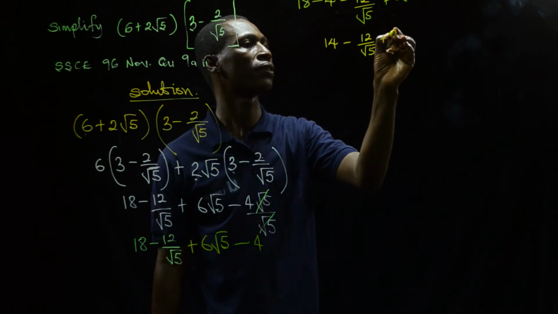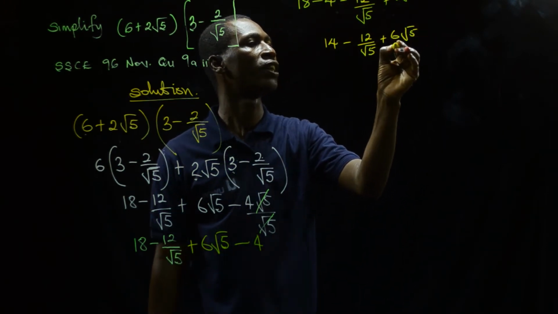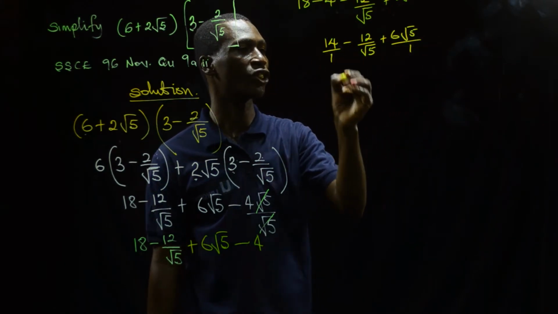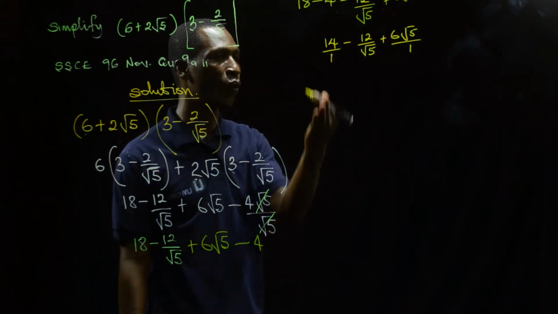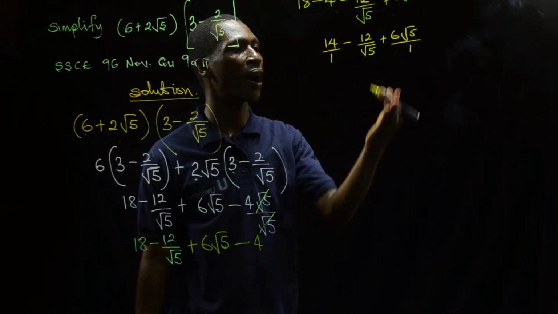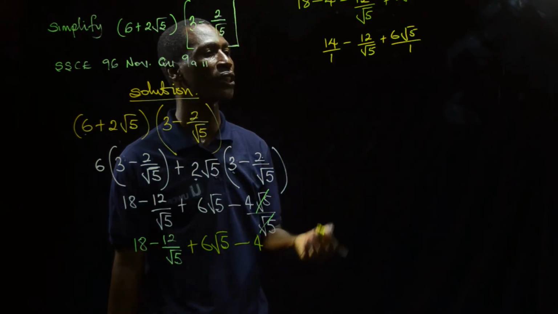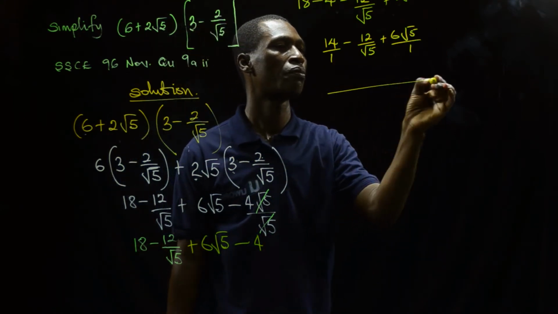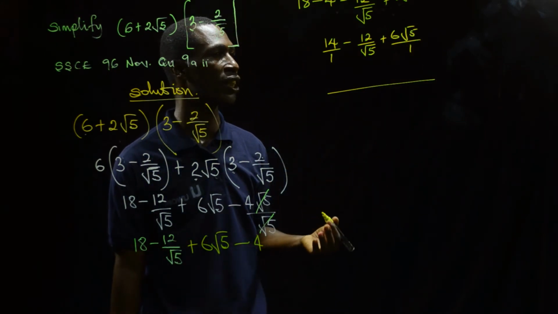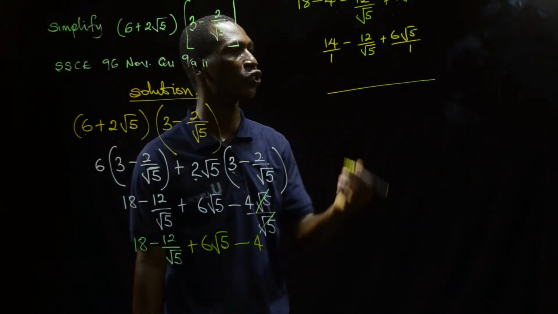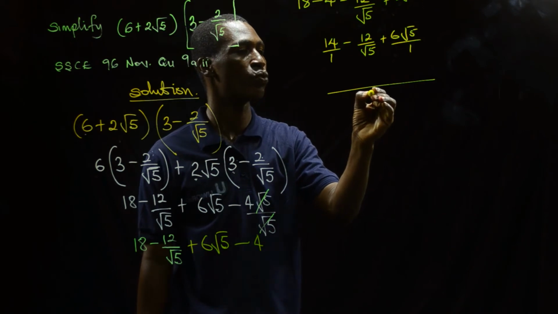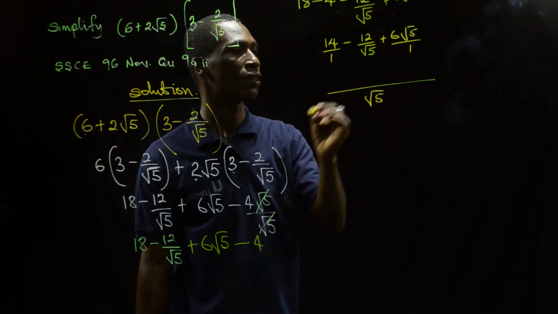plus 6 root 5. Note that each one is a fraction. Any number divided by 1 is that same number. So what I do now is that my LCM, basically it is root 5, so I cannot easily work it out like the way I've been doing. So my LCM here is going to be what? Root 5. Good.